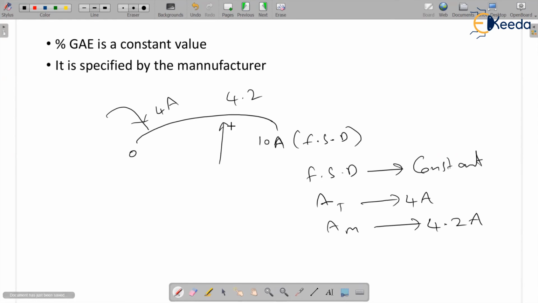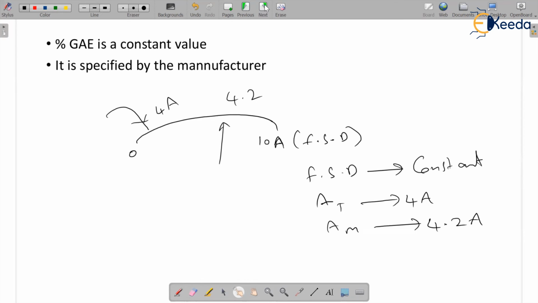That's the reason I am saying percentage GAE is a constant value, since the FSD value is constant and it is specified by the manufacturer.